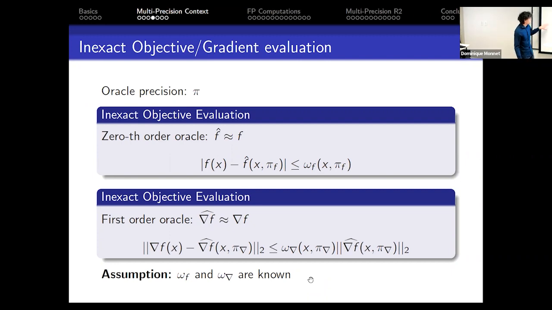And same thing for the gradients. But here I'm going to bound the norm of the difference of gradients, relative to the norm of the gradient. So here it is an absolute error I'm going to require on the objective function. Here it's only a relative error I'm going to ask on the gradients. So just keep in mind, omega f is the error on the objective, and omega g, omega nabla here, is the error on the gradient.